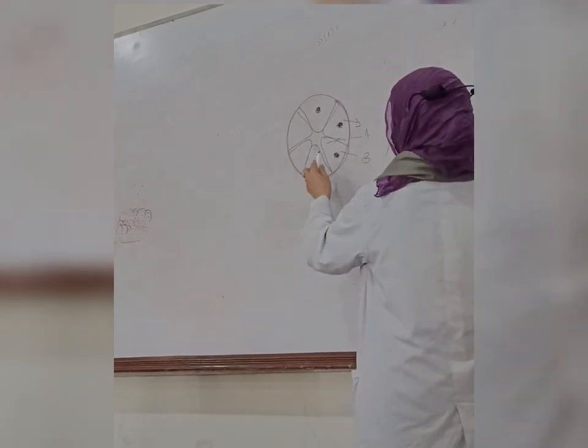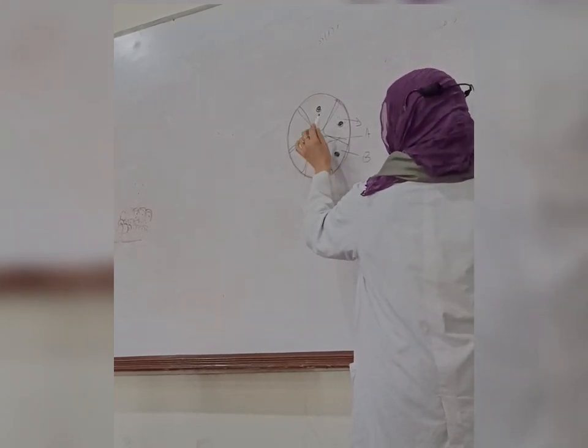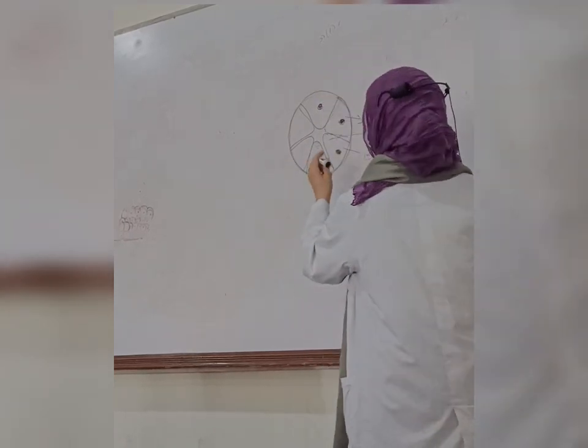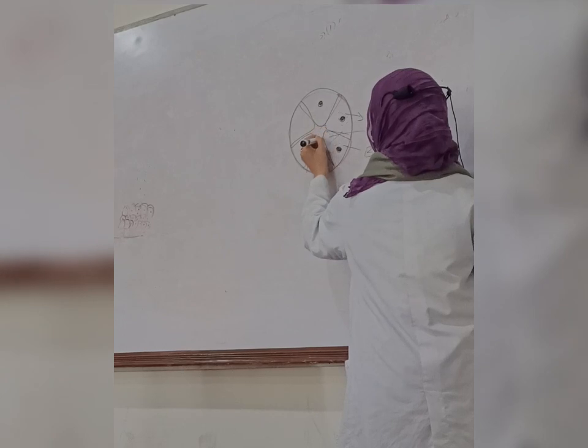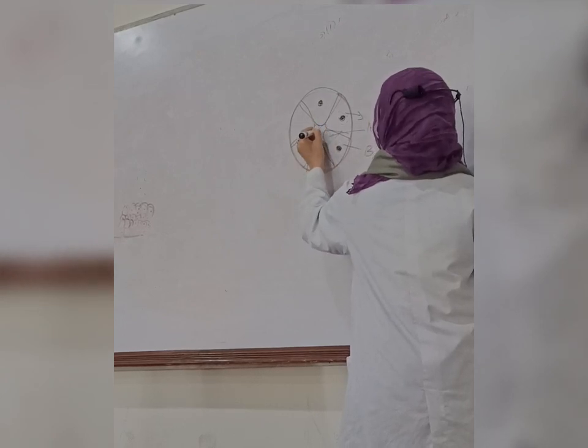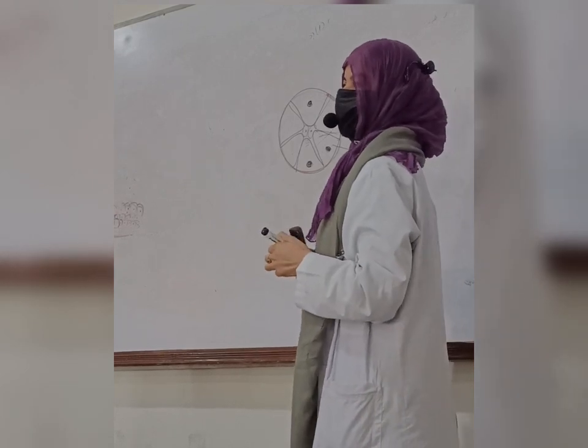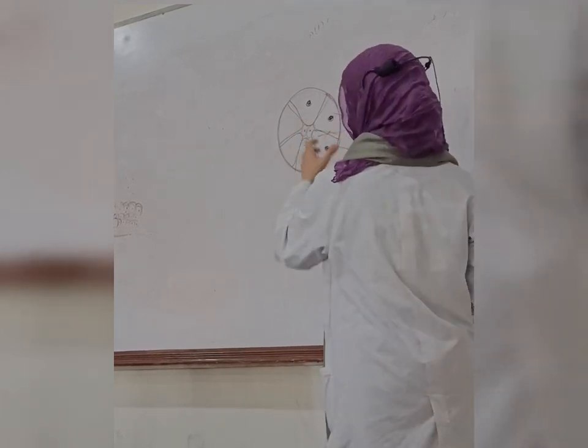Okay. This is one acinus, and in its center, the special thing about this pancreas is that it carries centrally lying cells called centroacinar cells. The self-explanatory term means the center of the acinus.